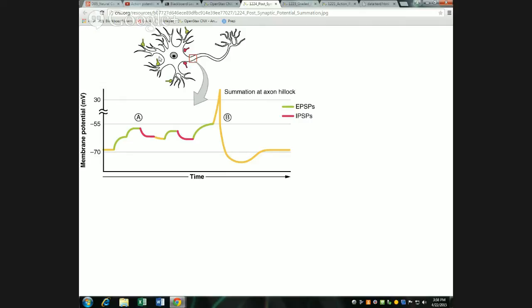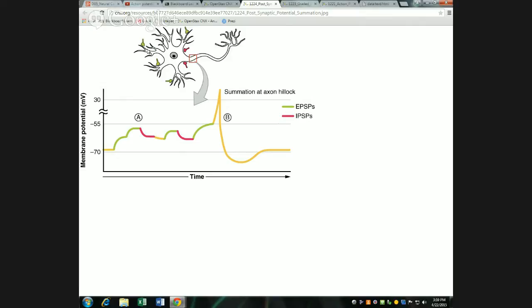So in this picture, we have green synapses and purple synapses corresponding to the depolarizing or hyperpolarizing graded potentials. And depolarizing graded potentials at synapses are excitatory postsynaptic potentials, or EPSPs, and hyperpolarizing ones are inhibitory postsynaptic potentials, or IPSPs.